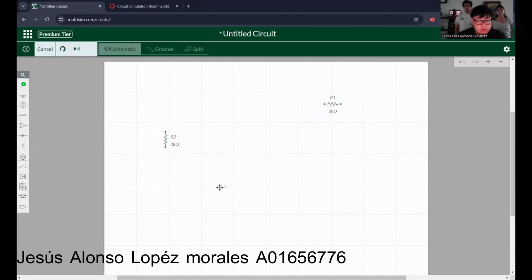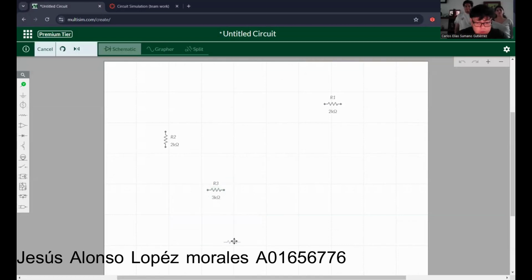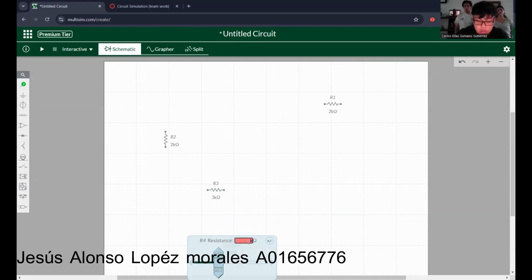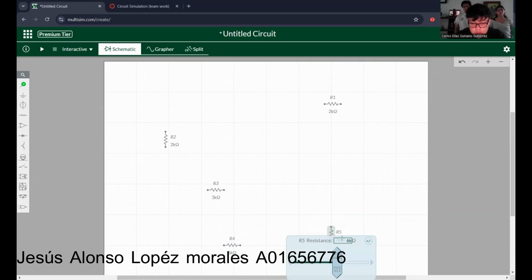Resistor number 3 has a value of 3K. Resistor number 4 has a value of 6K. And finally, resistor number 6 has a value of 8K.